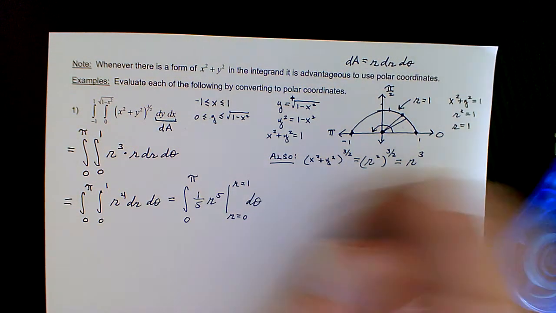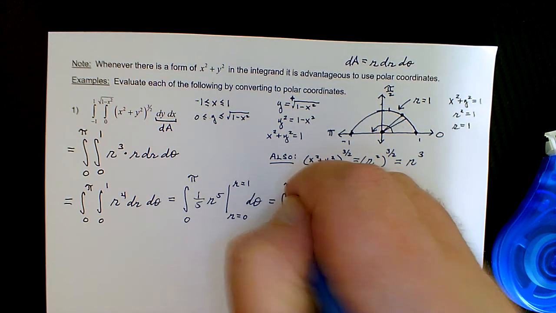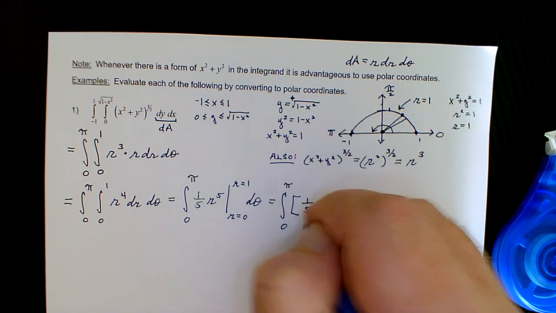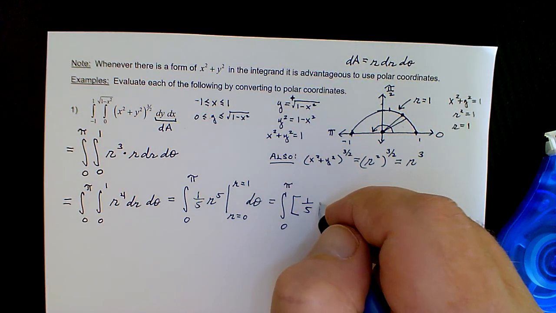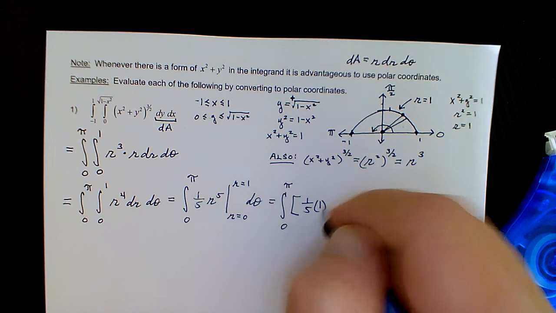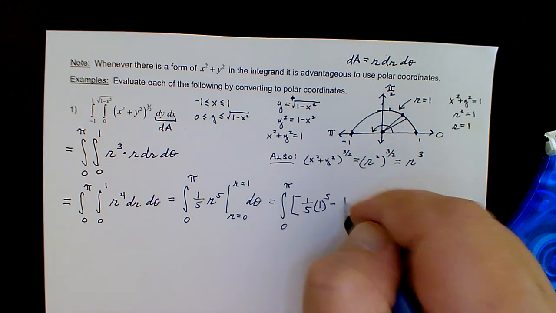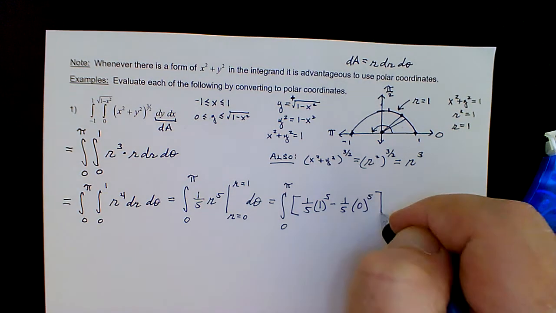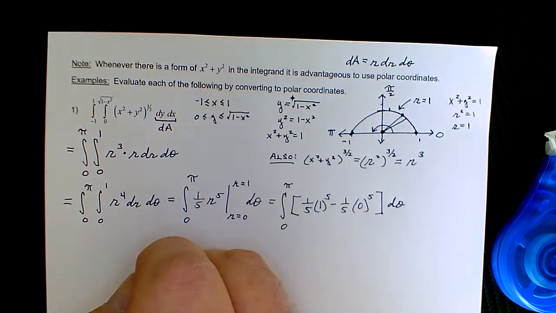You notice r was what we integrated with respect to, and then that's with respect to theta. And then we have the upper limit goes in, so the integral from 0 to pi of 1/5 times 1, because the upper limit's 1 here, r equaling 1 to the 5th, minus lower limit, 1/5 times r, which is now 0 to the 5th. That's with respect to theta now.